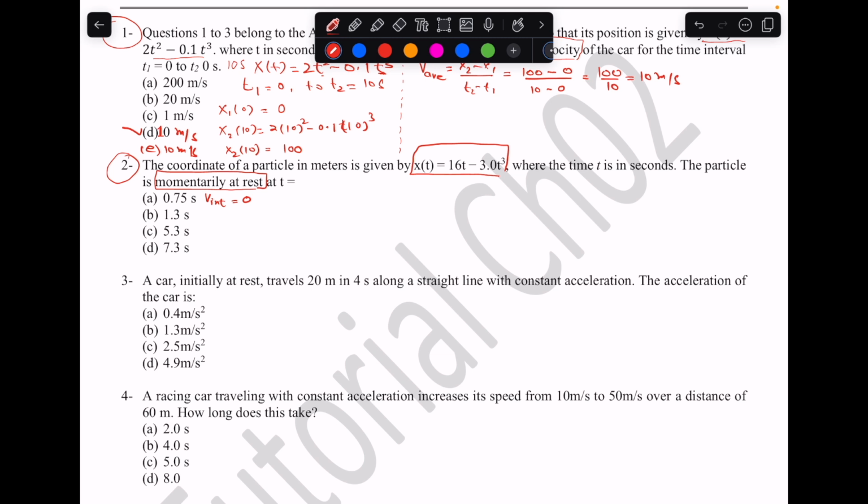So we are given a function x of t, which is 16t minus 3.0 t cube. Its instantaneous velocity is dx by dt.